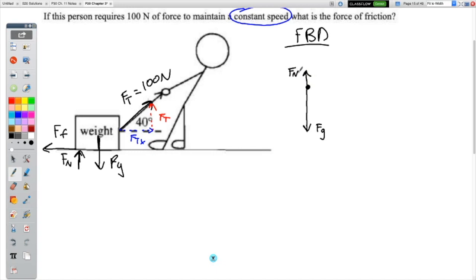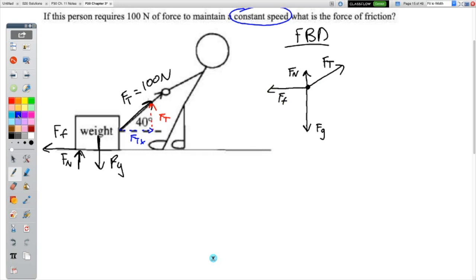Because we're alleviating some of that with an upward tension, or a partially upward tension. Tension isn't completely upward, but it does have an upward component. Now, looking at this free body, it would be accelerating because there's the rightness of the tension, unless there's some leftness in the form of friction.